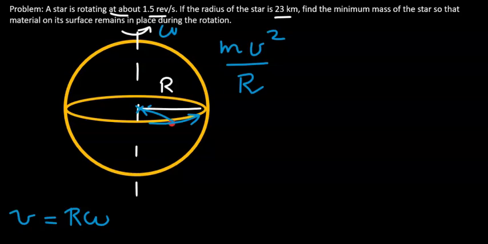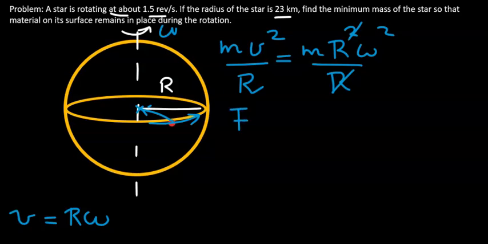So let's put everything together. It's given by the mass of that material, r squared, omega squared over capital R, so one of the two r's will cancel from the top, leaving you with a centripetal force of mass of that material, radius of the star, omega squared, where omega is the angular speed of that star as it rotates.